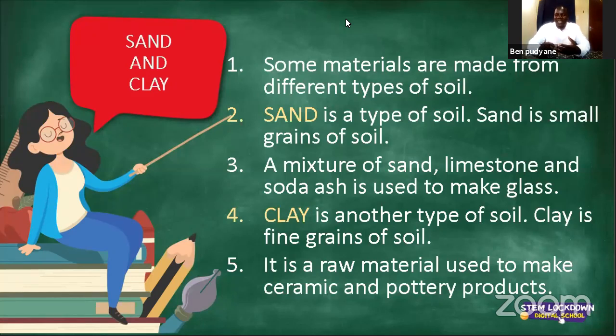You mentioned sand, which is right. We use sand, limestone, and soda ash to make glass. The main thing is sand, then it is mixed with soda ash and limestone. It makes glass.